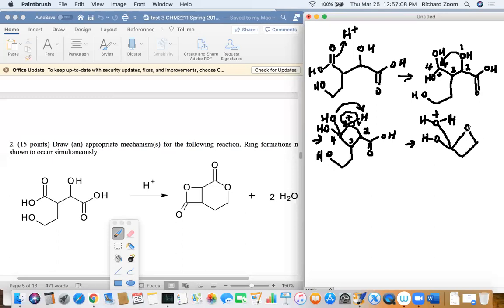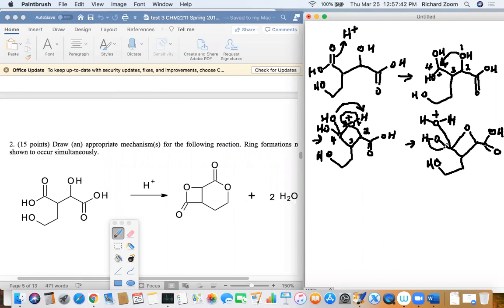And I get that proton from the O that was the OH. And everything else stays the same. Does anybody have any questions about this one?